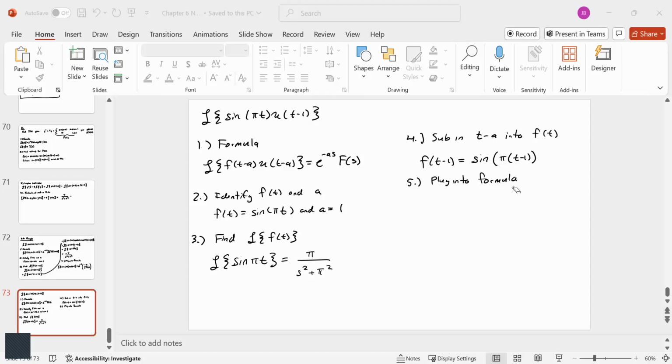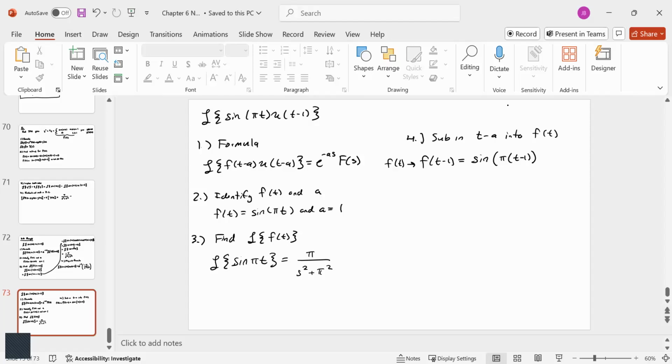Before I plug into the formula, actually, let me justify why this is the case. Just like we did in the past, where we do something like t plus 2 minus 2, and that would allow me to do algebraic manipulations. When it comes to trig, a lot of these changes are justified through trig identities. Essentially what I'm trying to say is that I am converting f of t into f of t minus 1.